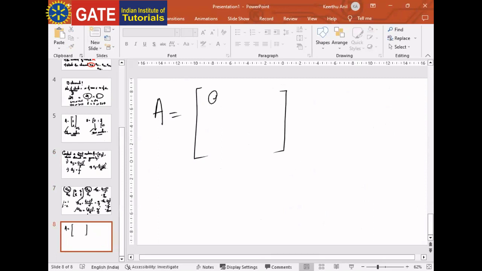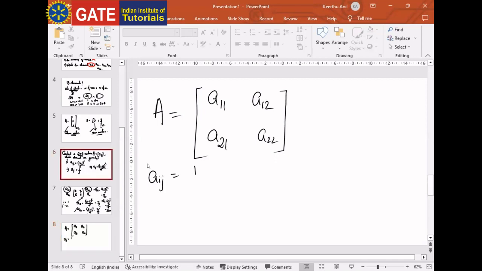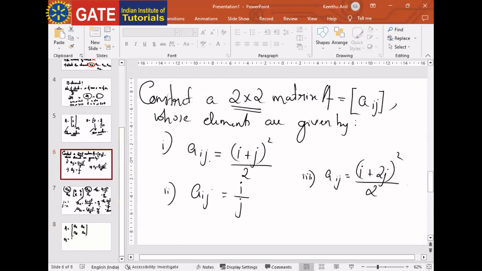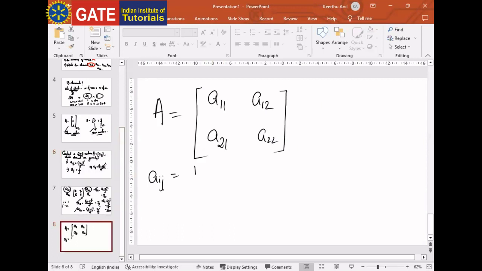So it should be A11, A12, A21, A22. Okay. Then we have to find each and every element. What is the condition given? Aij equals i by j, so it is i divided by j.